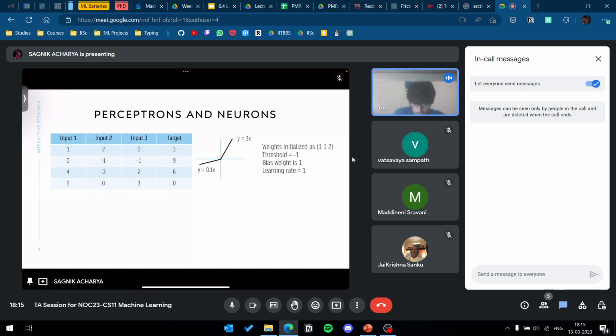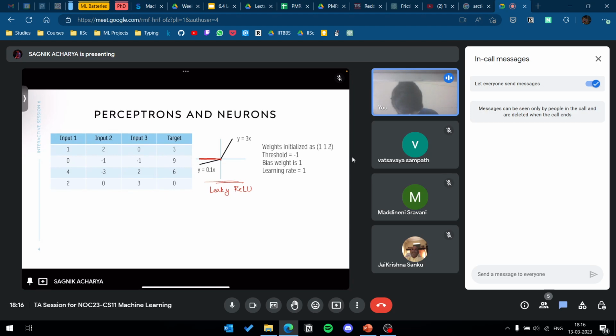What I've done here is, we have three inputs, the corresponding targets, and an activation function. This is called a leaky ReLU activation. ReLU is the rectified linear unit, which only has the linear part, and generally in ReLU the output is 0 if the input is less than 0.